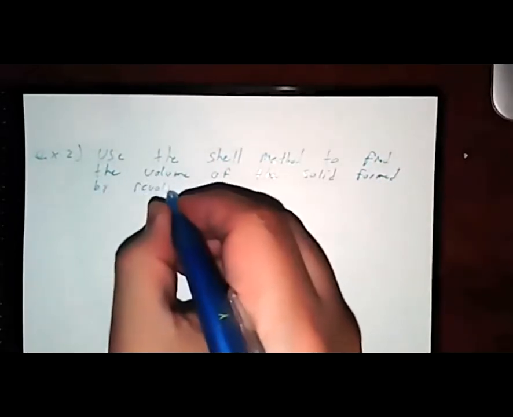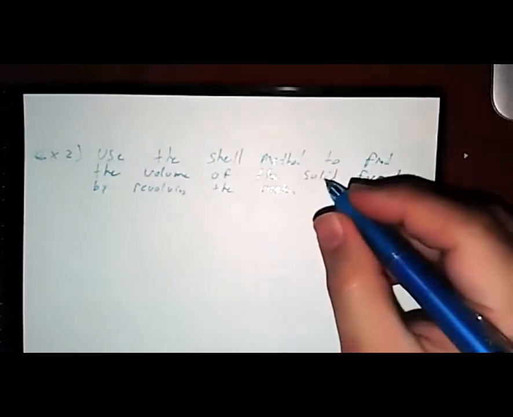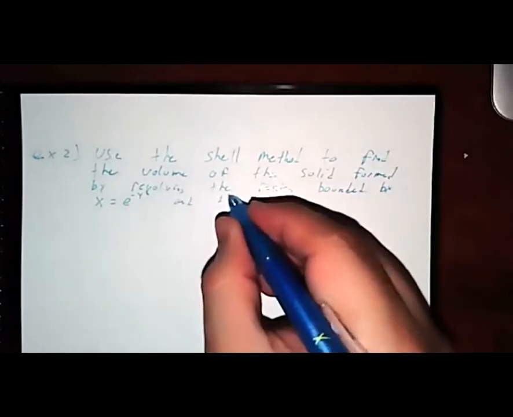Use the shell method to find the volume of the solid formed by revolving the region bounded by x equals e to the negative y squared and the y-axis.